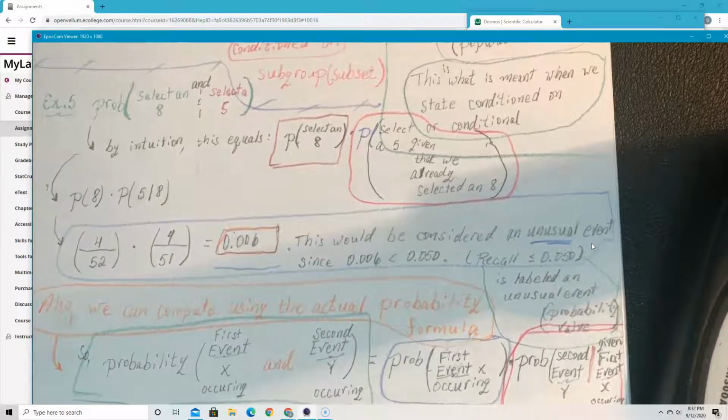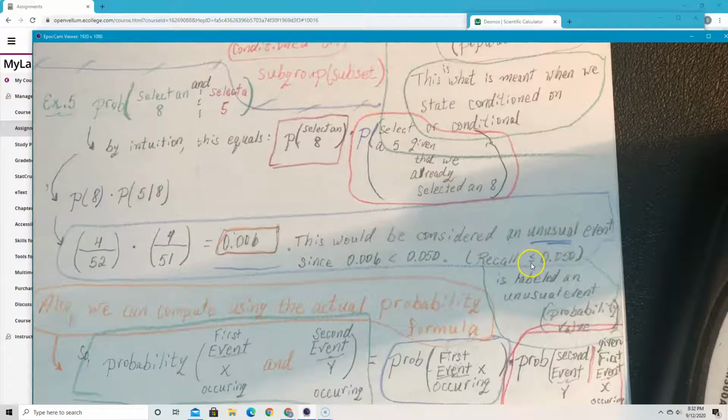Here now we have another definition of unusual event, and I may have mentioned this before, but statistically they say if your probability value is less than or equal to 0.05, and 0.05 is a 5% chance.